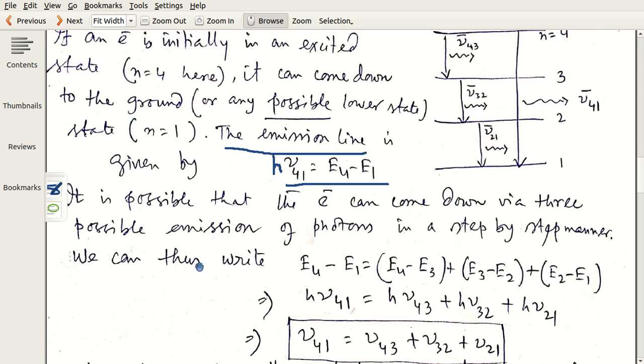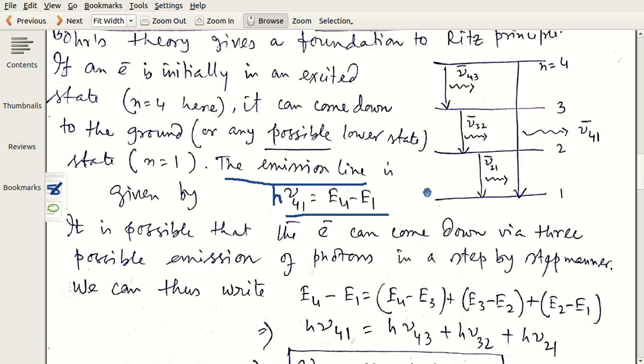And it can be seen that though in many books it is given by 3 levels, actually such a transition is not allowed due to selection rules. Say if an electron comes from 3 to 2, it is allowed, and if it comes from 2 to 1, it can also be allowed.